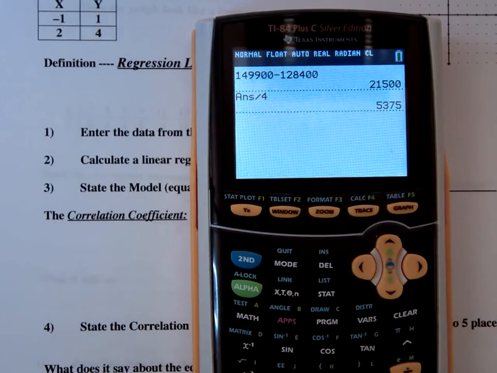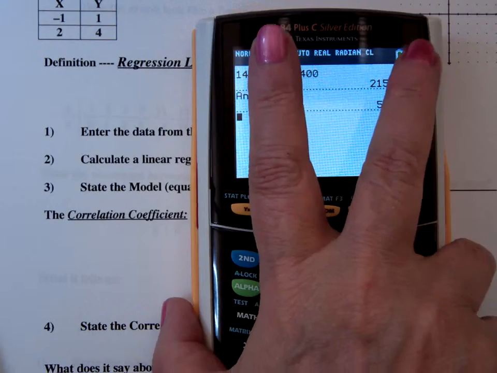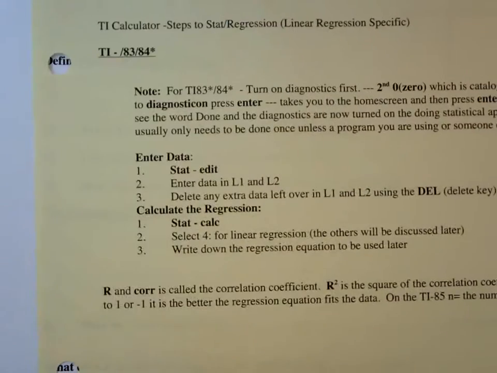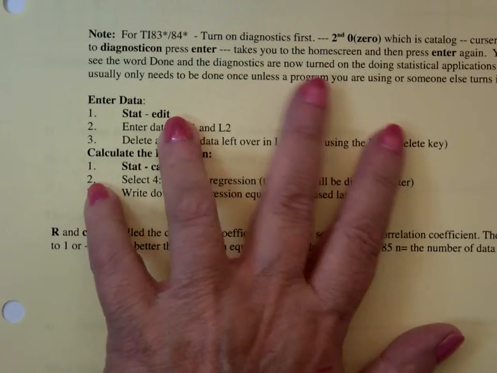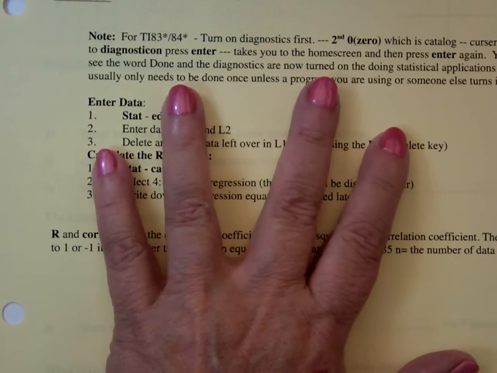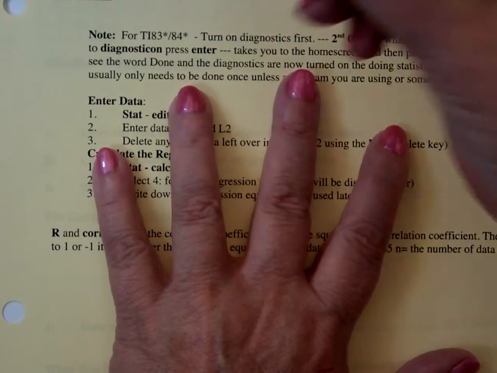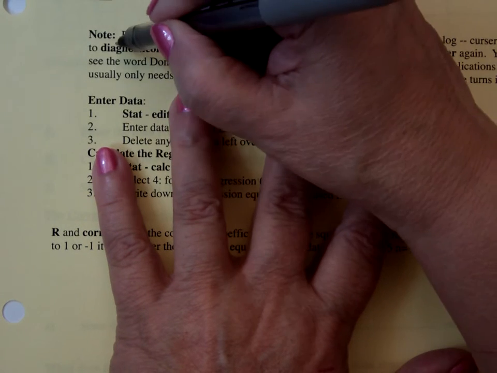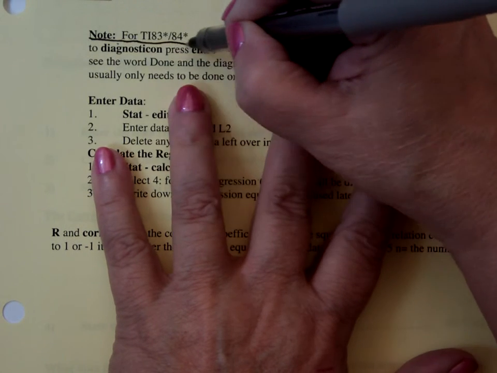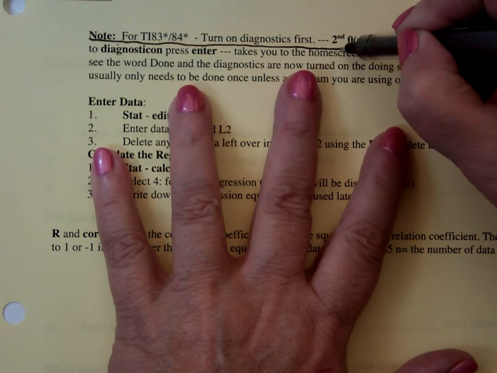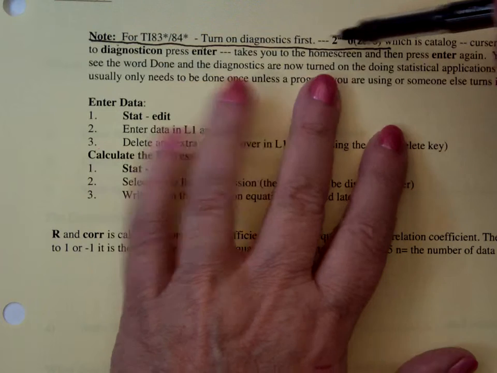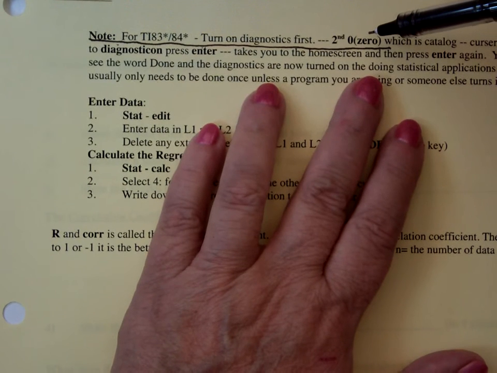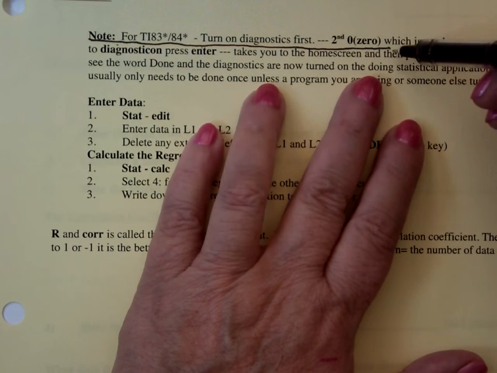So the first thing we're going to want to do is turn the diagnostics on. For those of you who don't have your calculators with you this morning, this is what you're going to do with your calculator. Mark this to make sure. If for some reason your diagnostics are ever turned off, look at this note right here. Kind of underline it, circle it. It says, turn the diagnostics on first. You only have to do it once, and sometimes when you run a program, it'll turn them off.